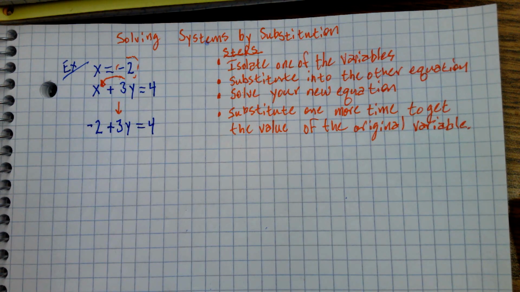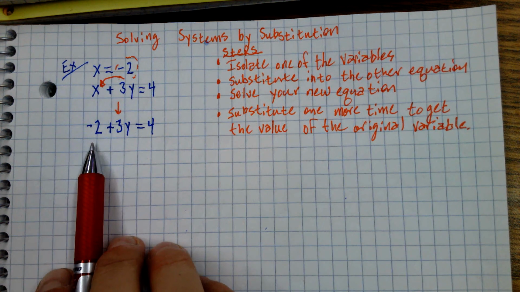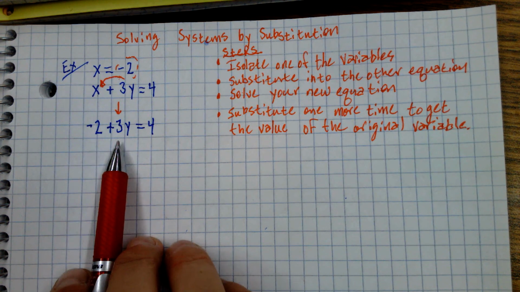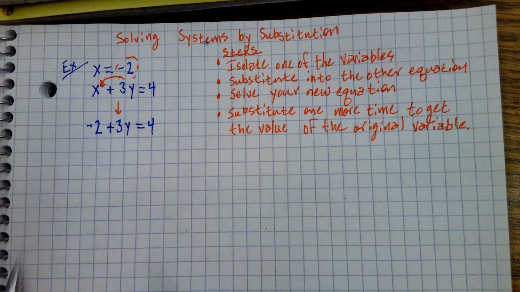This is a two-step equation. We've solved a bunch of these. Let me refresh your memory. Go ahead and write that down. I get rid of the constant, then I get rid of the coefficient. So what's the opposite of negative 2? Positive 2.